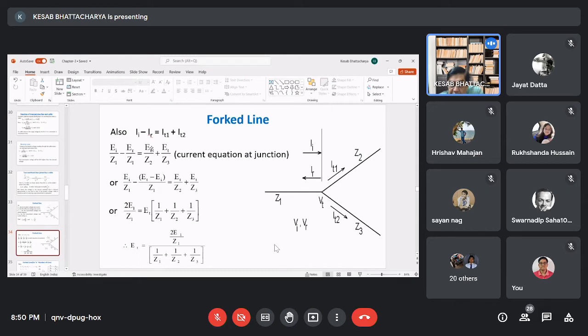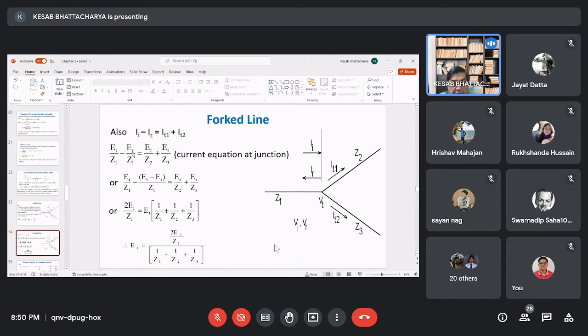That is equal to ET by Z2 plus ET by Z3. Now ER can be written as ET minus EI, because we know transmitted voltage is equal to reflected voltage plus incident voltage.